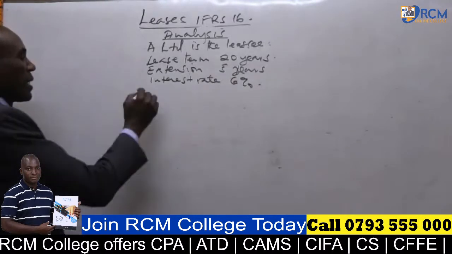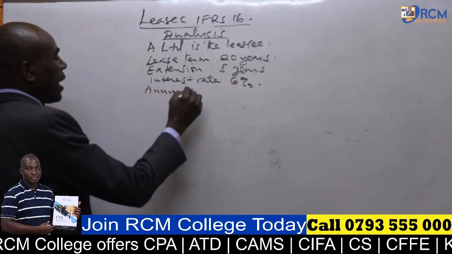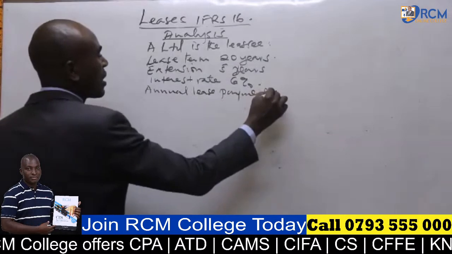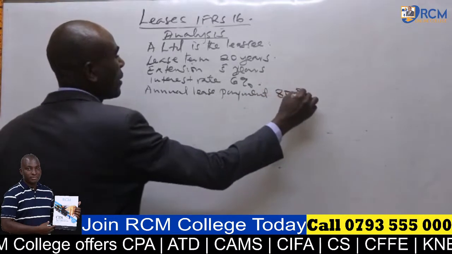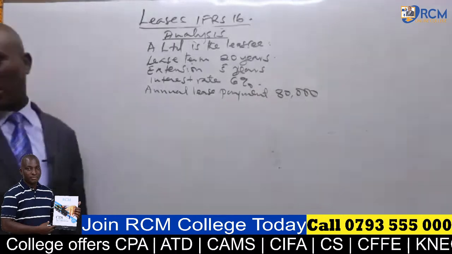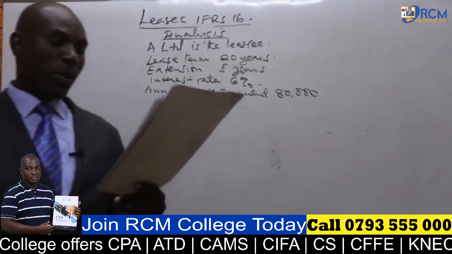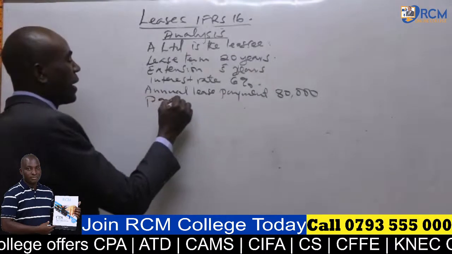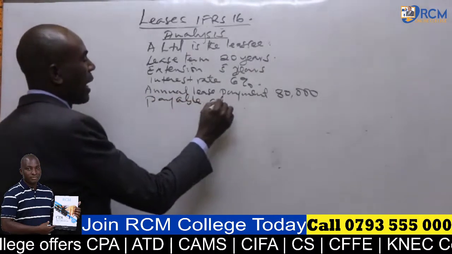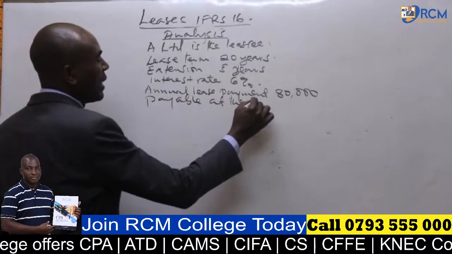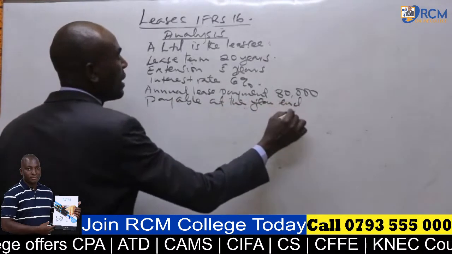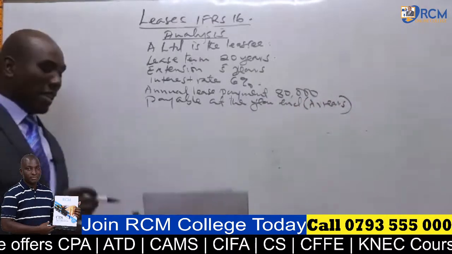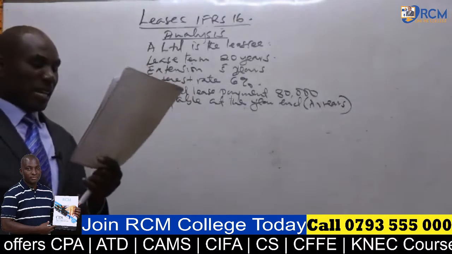Annual lease payment is shillings 80,000 during the initial term, payable at the year end, which means in arrears.